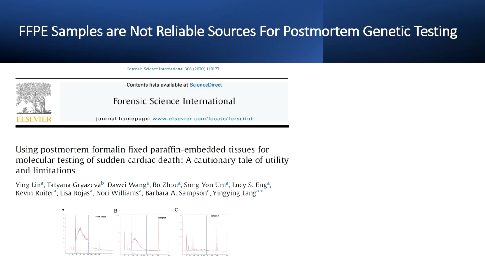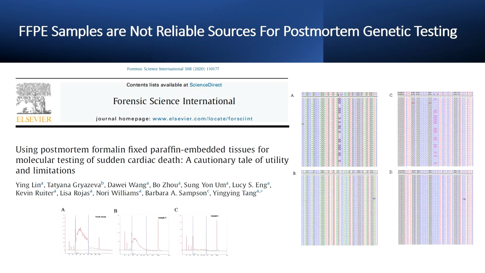We also showed sequencing artifacts due to formalin fixation in comparison to unrelated tissue from the same case. Without the unrelated tissue for comparison, a sequence variant would not be known to be a true variant or an artifact, making molecular diagnosis unreliable.